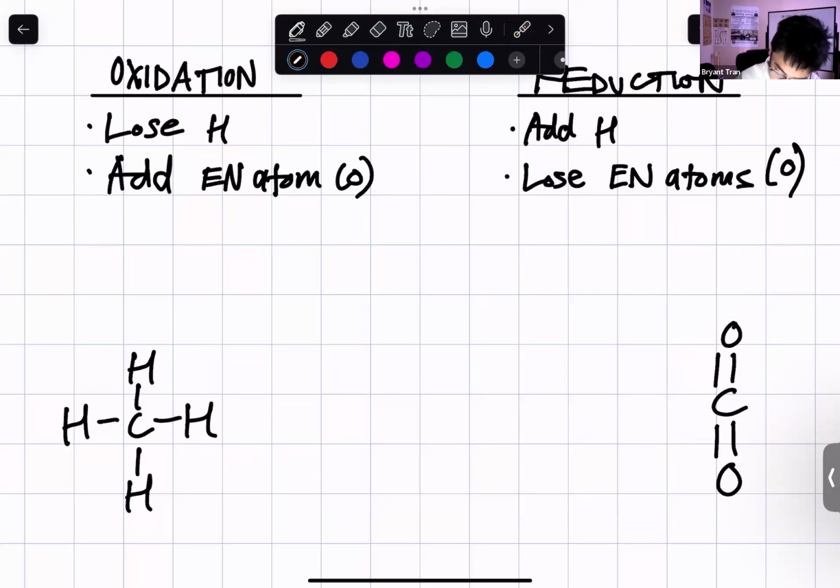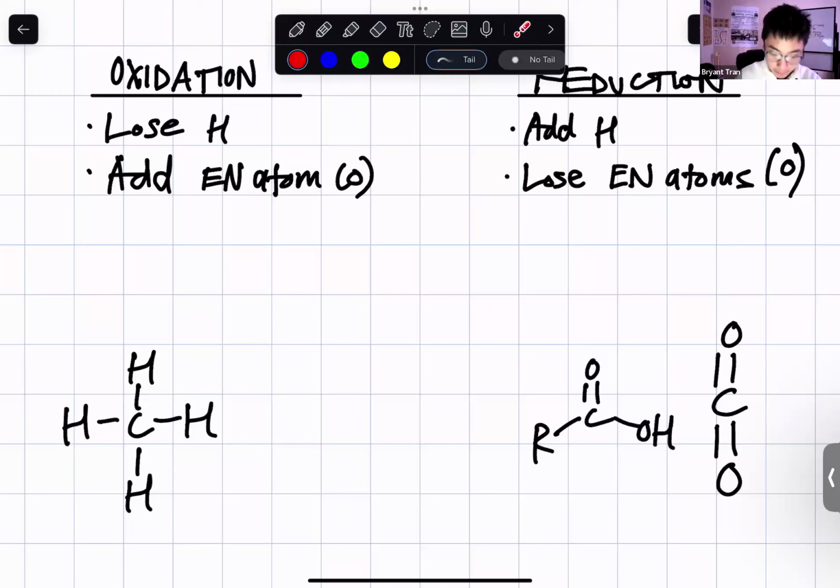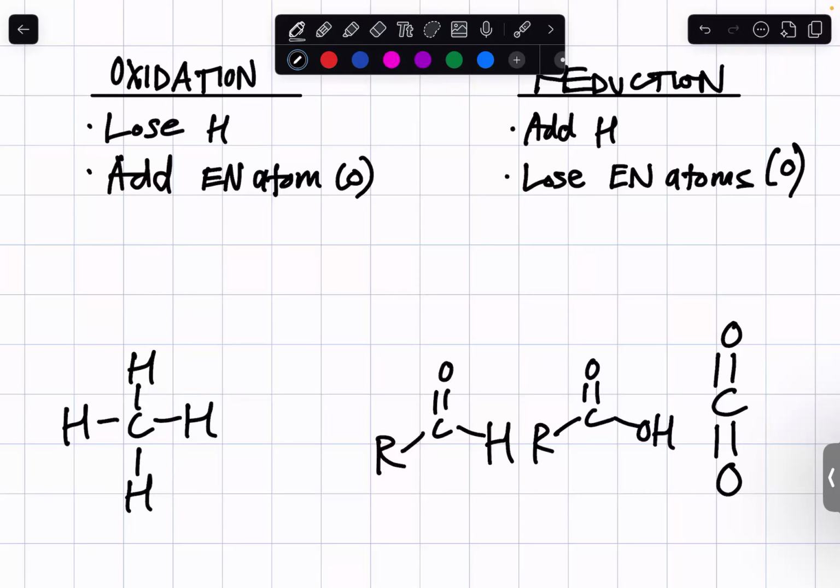One below that is going to be a carbonyl, or more specifically a carboxylic acid. That's right. Then one below that is an aldehyde.